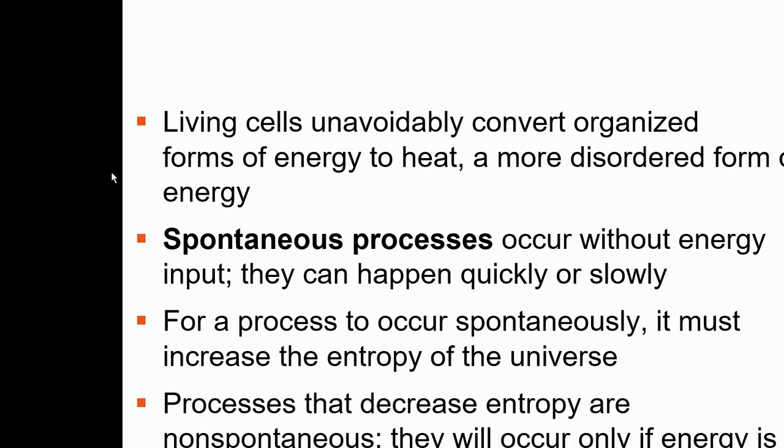Processes that decrease the entropy are non-spontaneous, and processes that increase the entropy of the universe are spontaneous. For a process to occur spontaneously, it must increase the entropy of the universe.